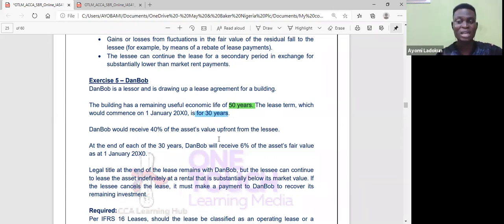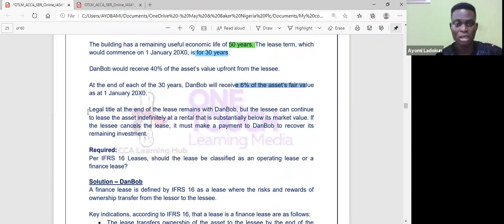Once I lease an item for a significant part of the useful life of that asset, then I consider it as a finance lease. So that may suggest that this is a finance lease. The lessor will receive 40% of the asset value upfront for the lease. At the end of the lease, after the 30 years, the lessor receives 6% of the asset fair value as at 1st January 2020.